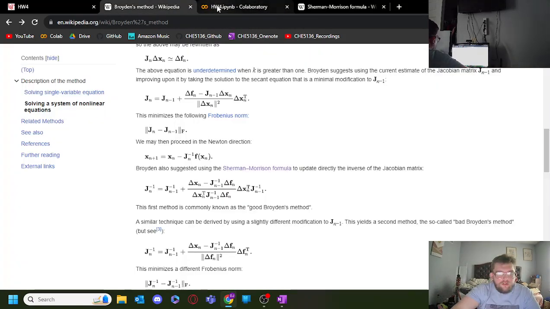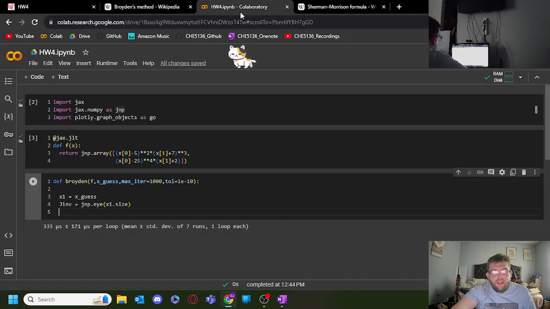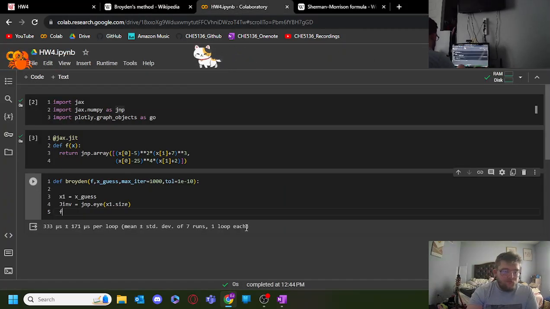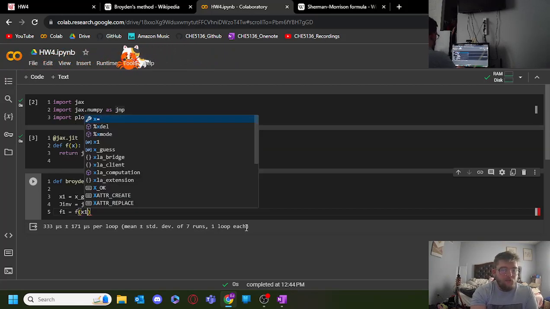So we do that, and then let me see. Got initial, and now I just need initial f. So we do f1 equals f of x1.